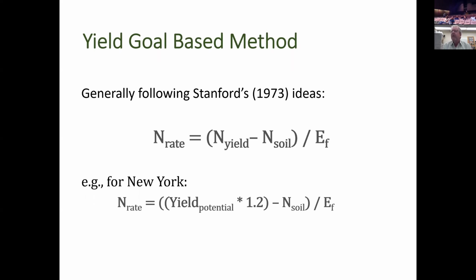So the New York Cornell calculator takes the yield potential, multiplies it by 1.2. This is in bushels per acre. Subtracts what comes from the soil, which could be credits from rotation or manure, and then applies an efficiency factor. So that's a basic application of the Stanford approach.